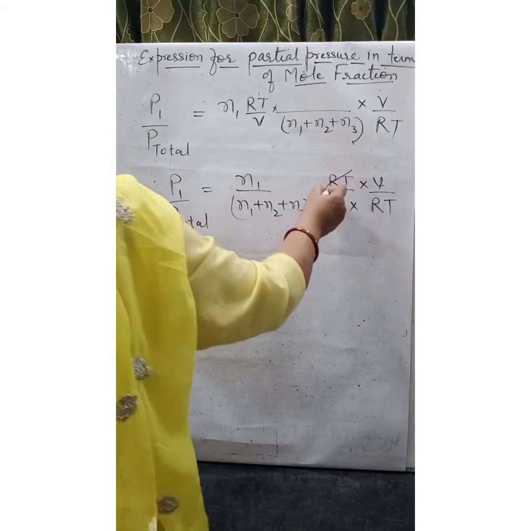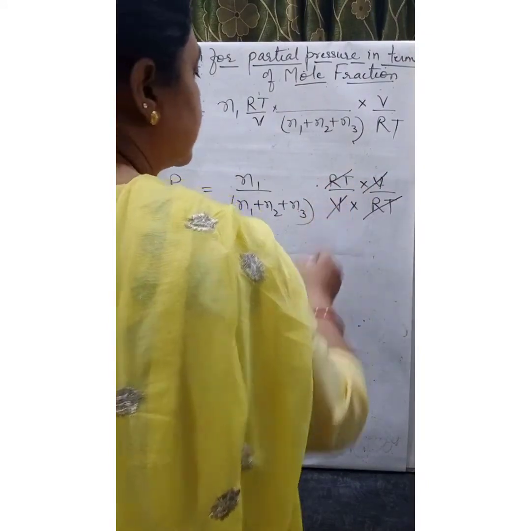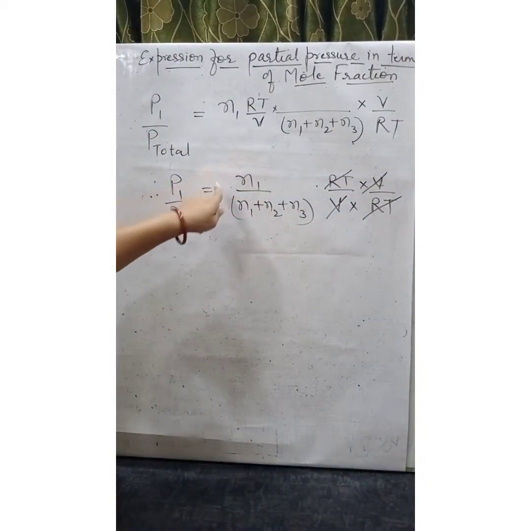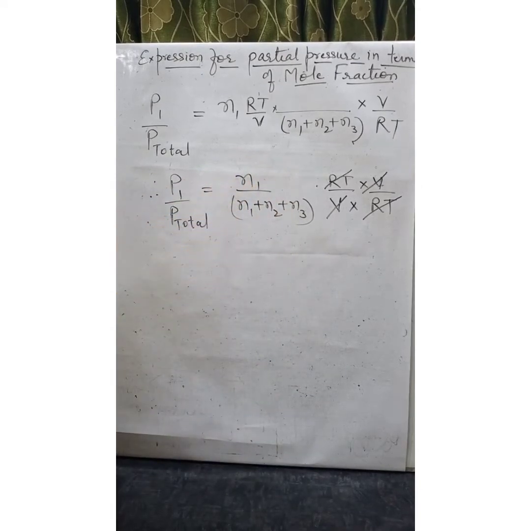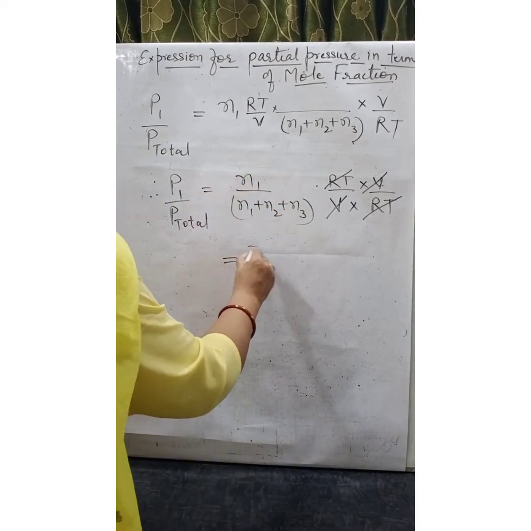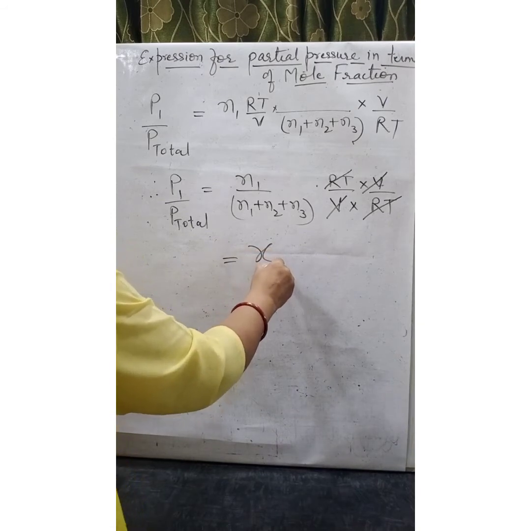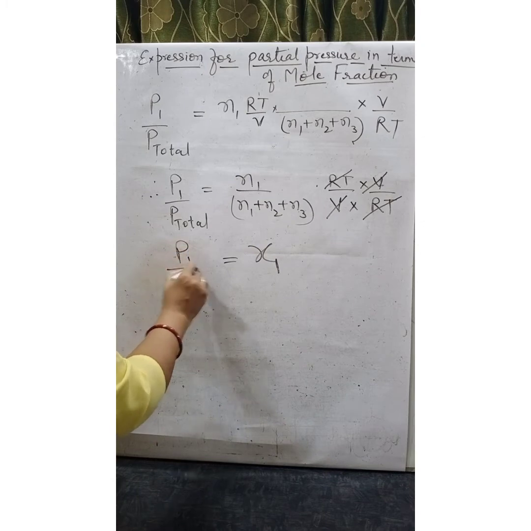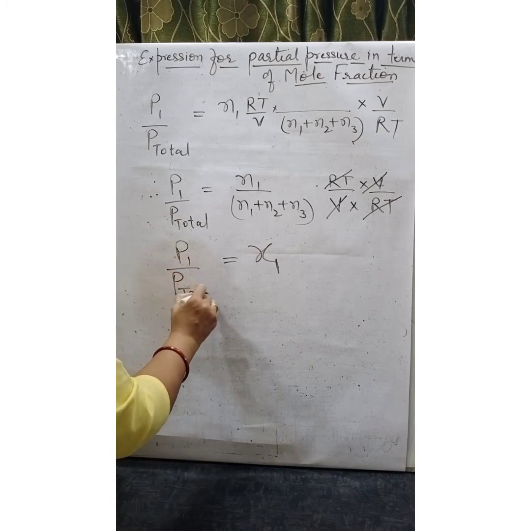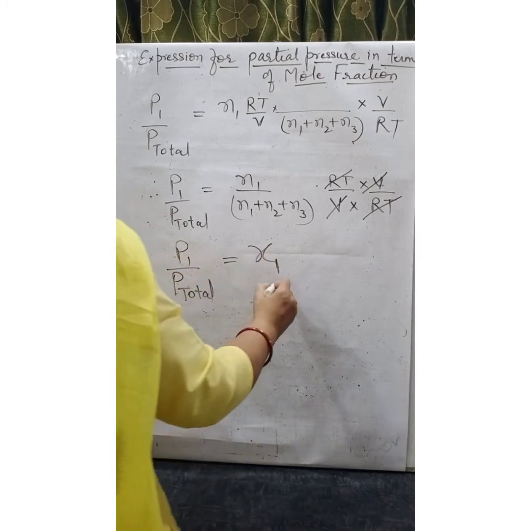Now here RT gets cancelled and V also gets cancelled. Now n1 upon n1 plus n2 plus n3 is defined as the mole fraction of gas number 1. So we can write P1 upon P total is equal to X1.